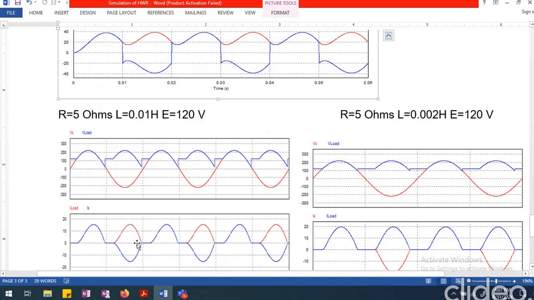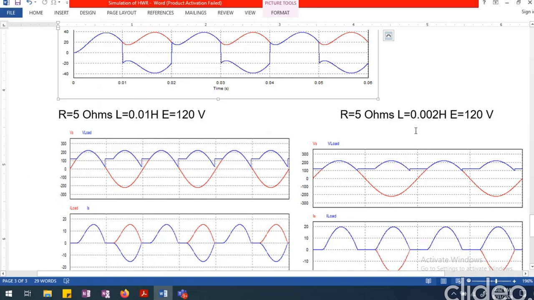Then it remains at zero for a while. Again, it starts from zero, reaching the peak and coming down to zero. Wherever the current is zero, that is where you would see very clearly the DC source E manifesting itself across the load terminals. So this is with an inductance value of 0.01 or 10 millihenry.